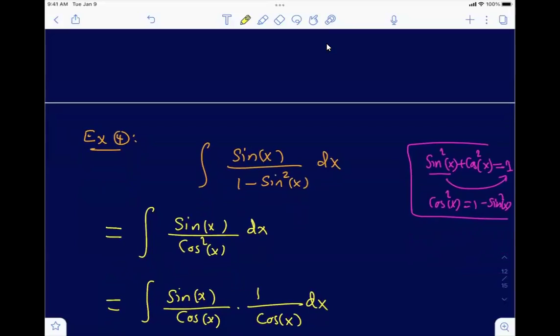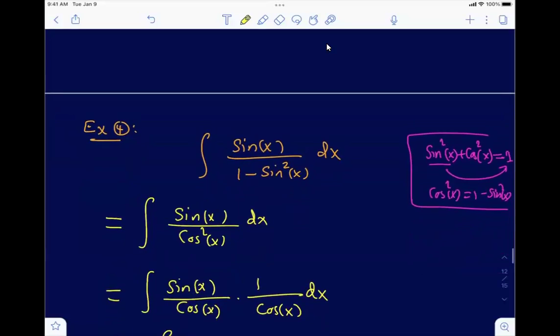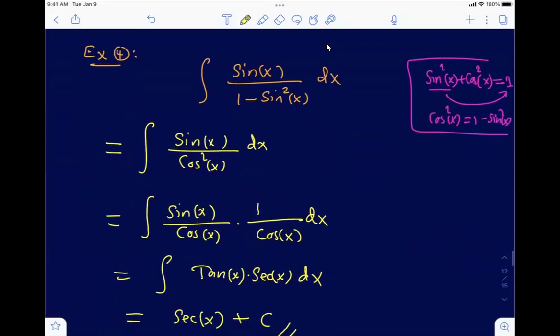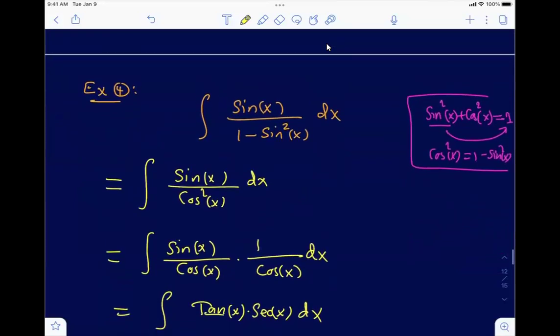If you separate the two copies of cosine into two pieces and separate them into fractions, sine over cosine is nothing other than tangent, and 1 over cosine x is none other than secant. So now let's write it: tangent times secant, which is none other than secant times tangent.